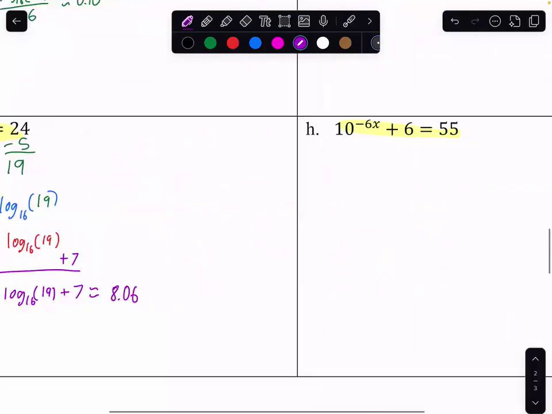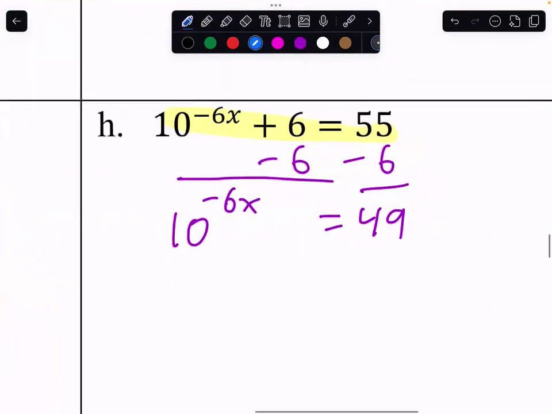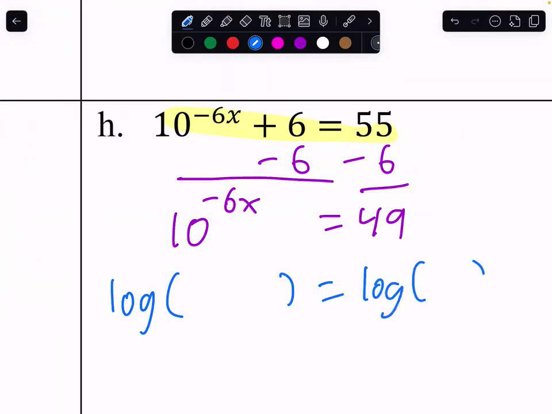And then lastly over here, before we deal with the exponential term, we want to undo the +6. So subtract 6 from both sides. The base is 10. So we would do log base 10 of both sides, but remember that's just common log, so we don't need to write the little 10.